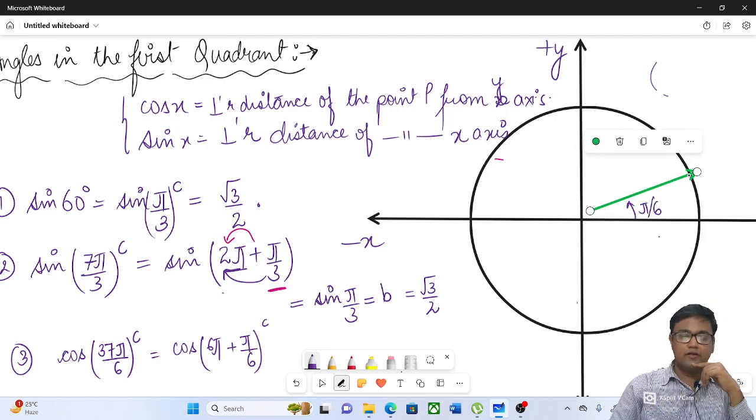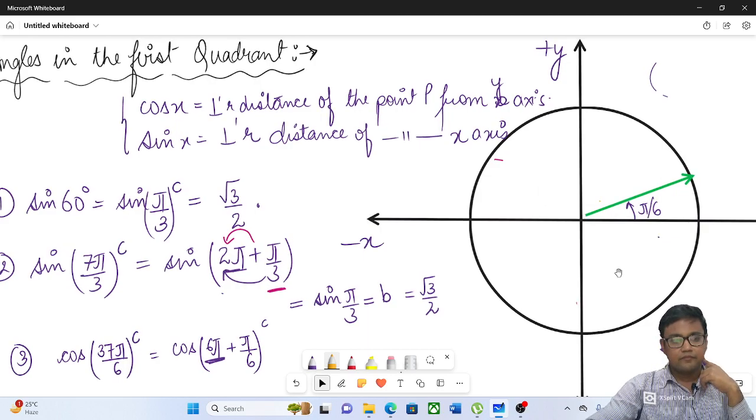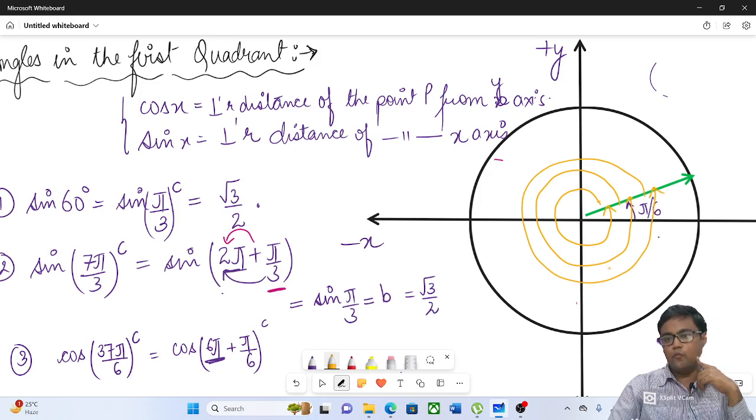And what you did is you took 6 pi. 2 pi makes one complete rotation, so in 6 pi how many will there be, children? 3 rotations. That is first the angle rotates in this way, see this is one complete rotation, and then the second rotation, and then the third rotation. You are back on the same point again.